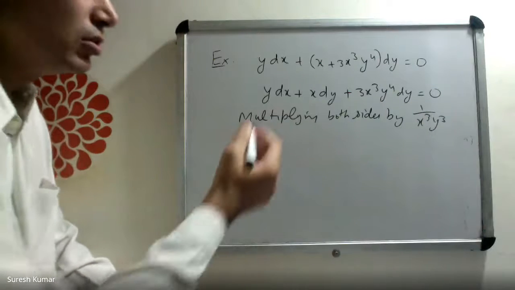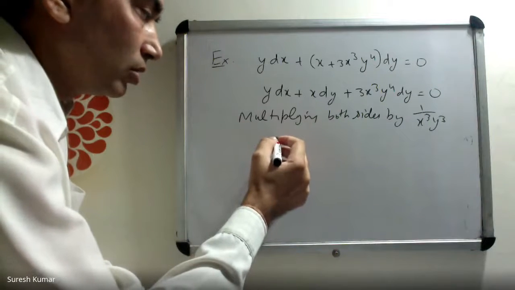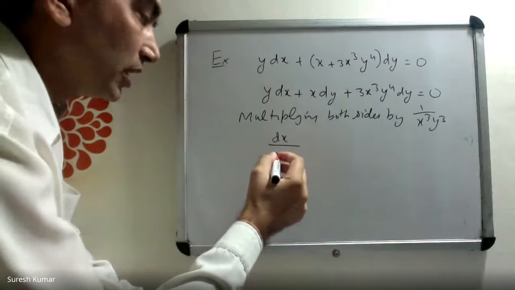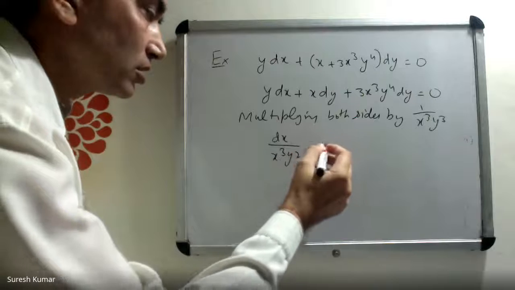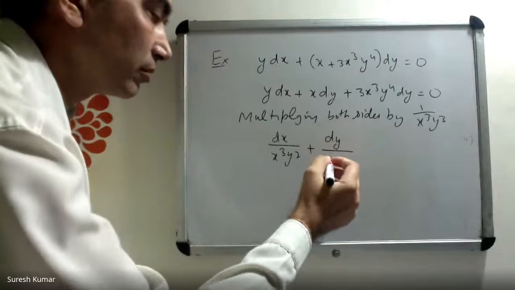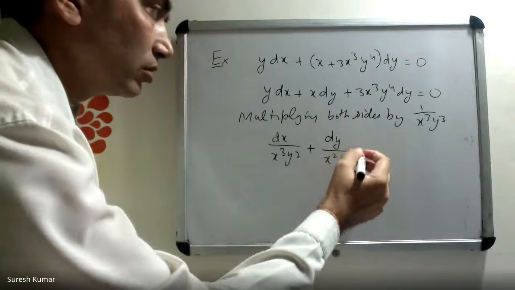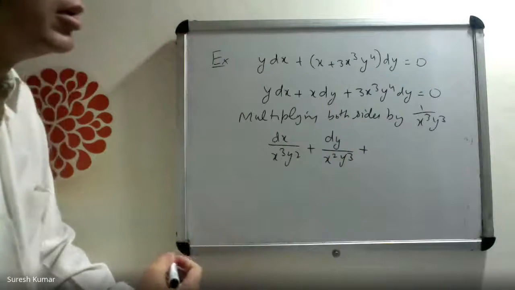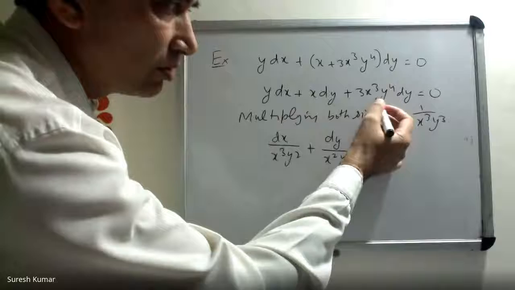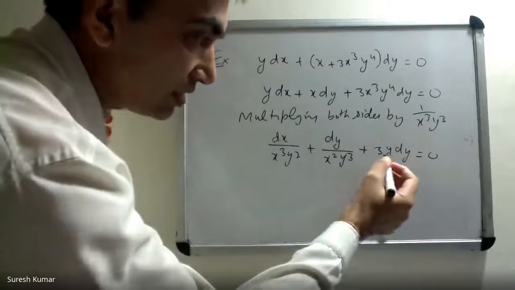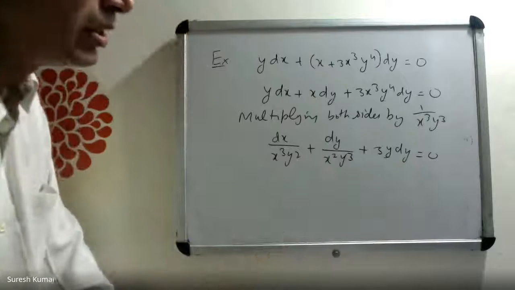See what you get? You get dx over x cube y square plus dy over x square y cube equal to, since I have divided by x cube y cube, 3y dy. You can see that this is integrable, no problem here.